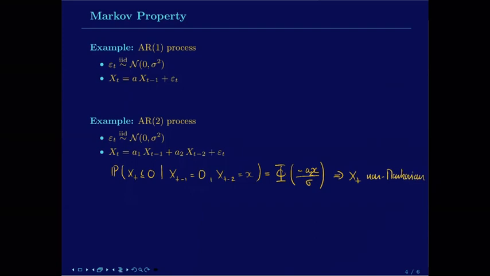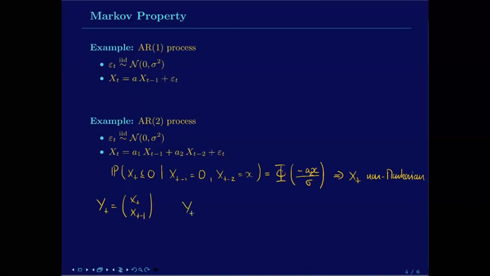However, we can convert this AR2 process into an AR1 process, and by that convert it into a Markov process. Namely, let yt be a two-dimensional process with states xt and xt minus 1.